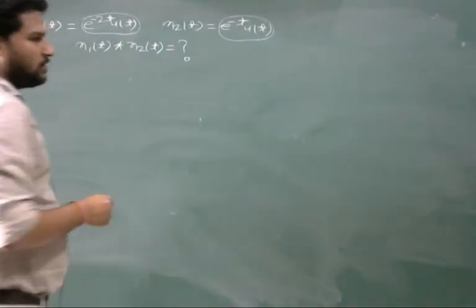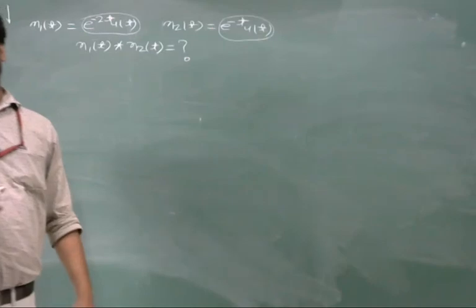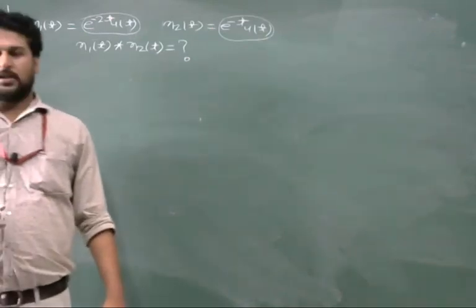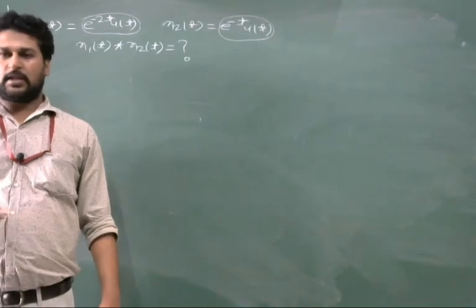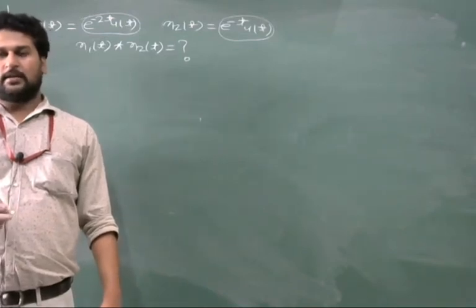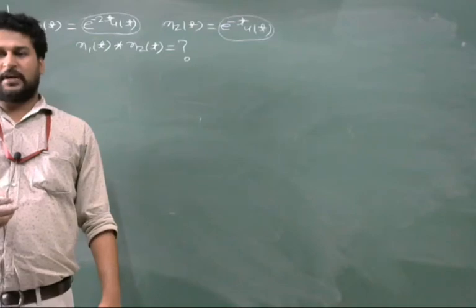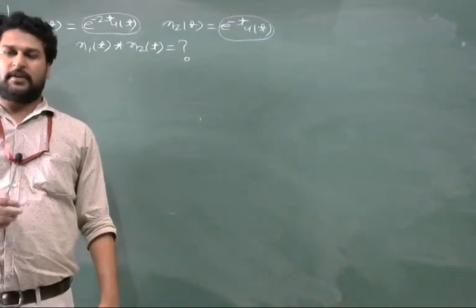The convolution property of the Fourier transform states that if two signals are convolved in the time domain, then these signals will get multiplied in the frequency domain.